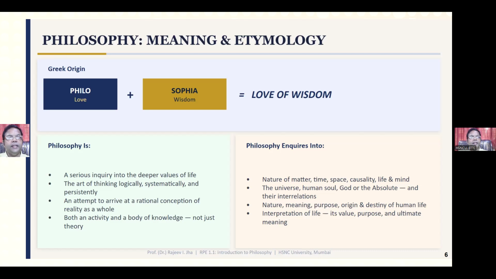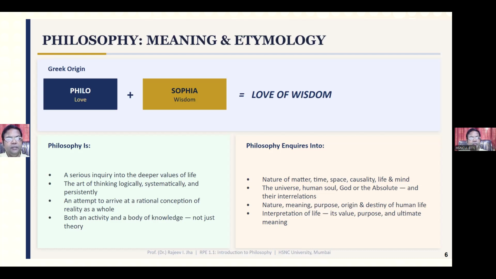And crucially, it is both an activity and a body of knowledge, not just a set of conclusions, but a method of arriving at them. In education, when a teacher asks not just what should I teach, but why does this matter and for whom, they are doing philosophy.